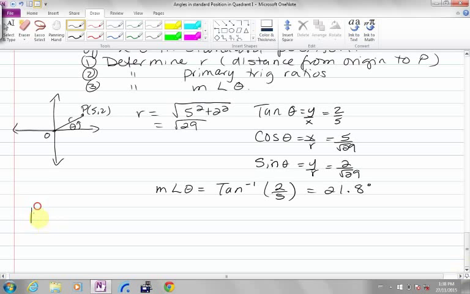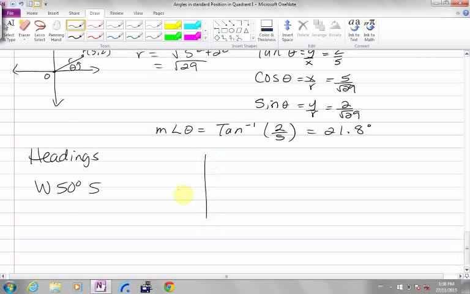So they talk about headings in some of the questions like this. Maybe you're going west, 50 degrees south. So remember, north, south, east, west are our 4 directions. So if I'm going west, 50 degrees south, then I'm heading in a westerly direction, but I'm adjusting my course 50 degrees towards the south.